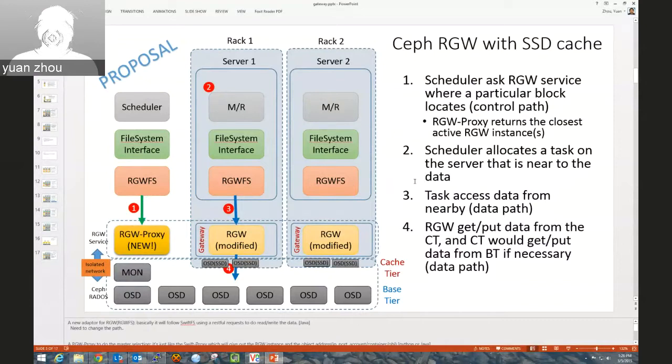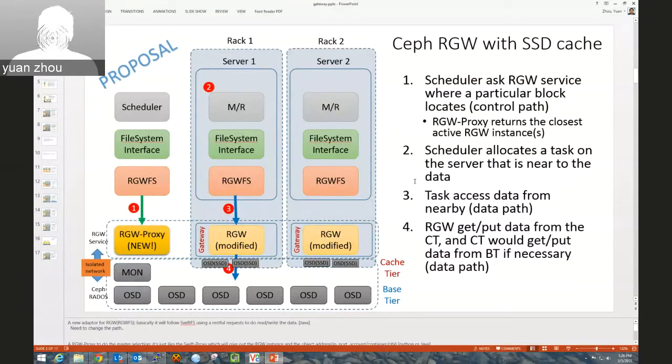The second is RGW-Proxy, which is a standalone daemon that can give out the closest Rados Gateway instance related with the Hadoop job, and then we have the RGW cluster over cache tier technology.